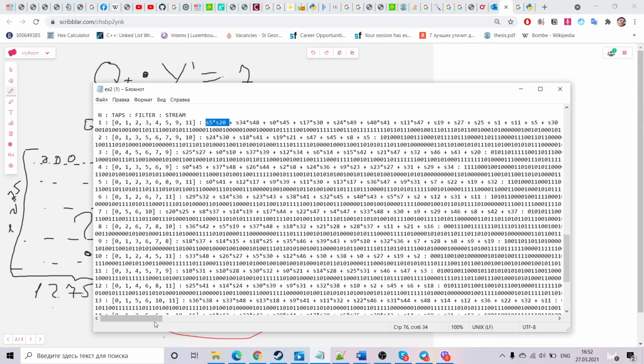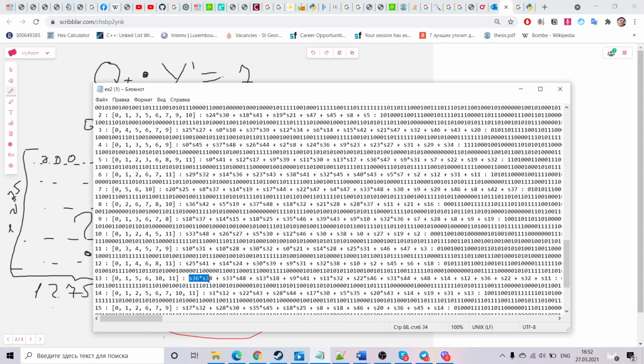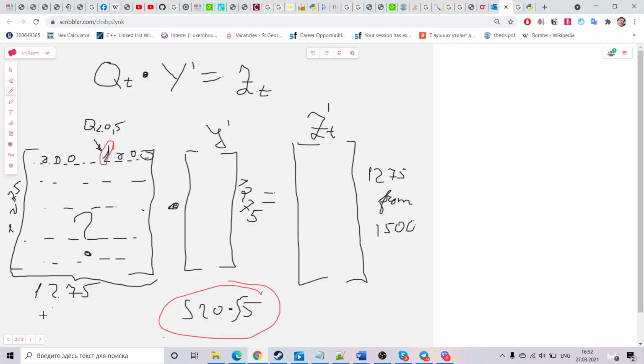So we have on our first line around 10 positions which will be equal to 1. But as we know, our state will change after each block, and how we will show it in our matrix Q_t? It's the main question.